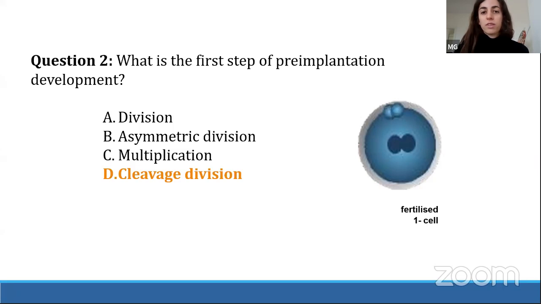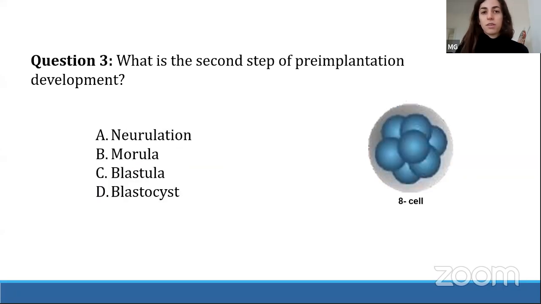Now, moving on to the next question. So next question, what is the second step of pre-implantation development?